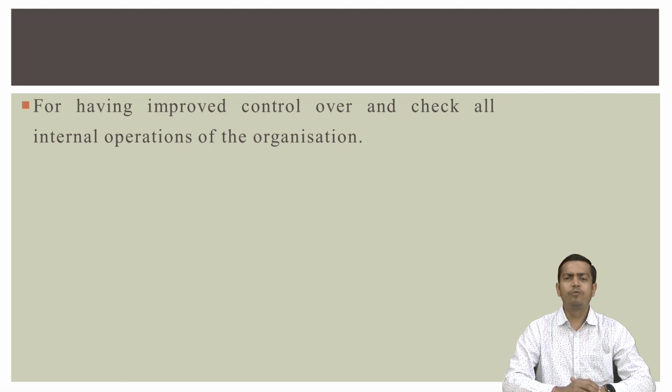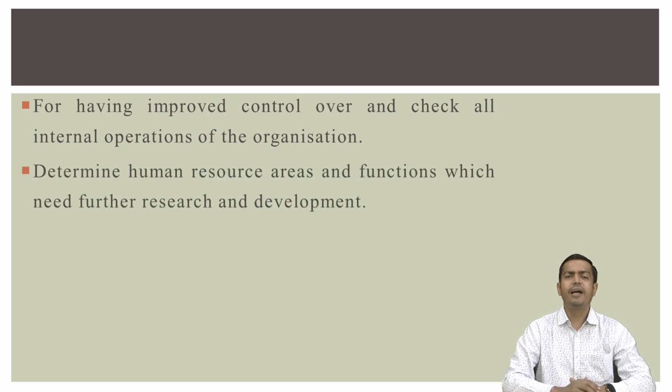To have improved control over and check all internal operations of the organization, we have to make sure that the way people are performing their tasks, operations should be verified on time. Determine HR areas and functions which need further research and development.